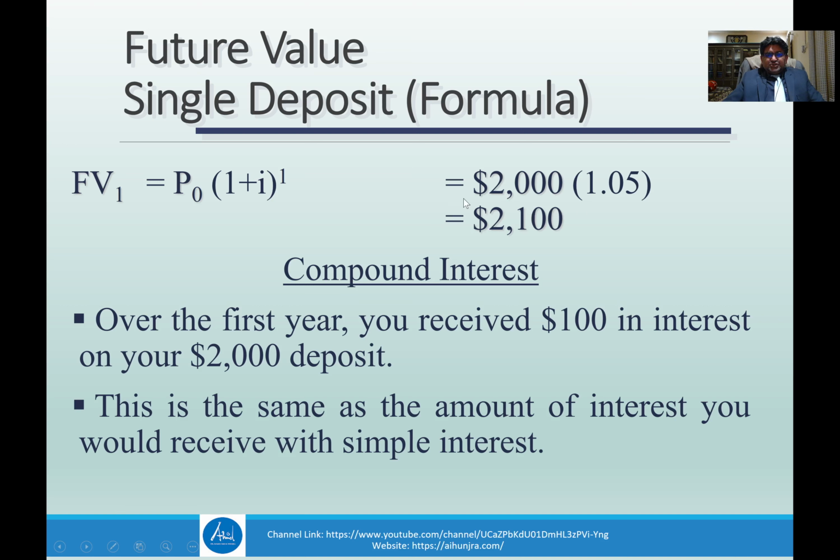So if the number of time periods is increased, then the compounding value will be more as compared to simple interest. So what was the basic investment deposit? That was 2000, and after 1 year we get 2100. What is 100? That is interest. And we are talking about compounding.